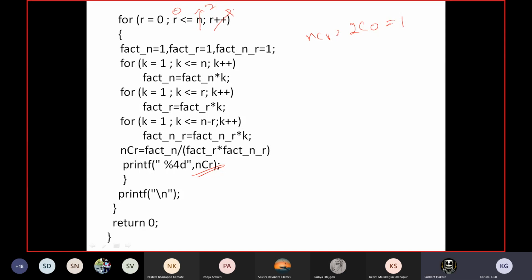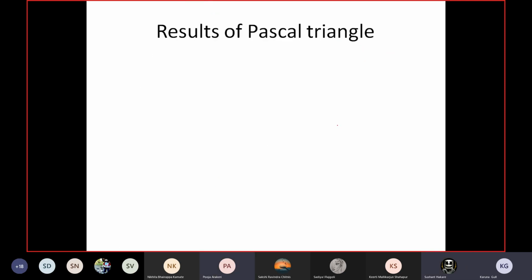Again increment the value of R. R has become 1. Now this is 1. 1 is less than or equal to 2? Yes, ma'am. True. What should I do? Again nCr. What is the N value? 2. R is 1. 2C1 is 2, ma'am. What am I going to print now? 2.